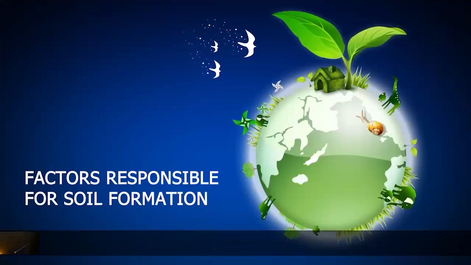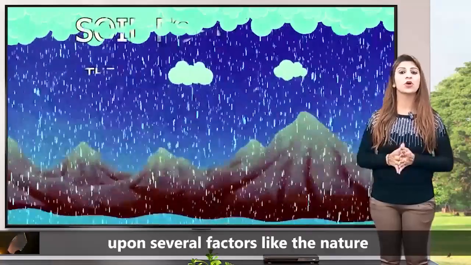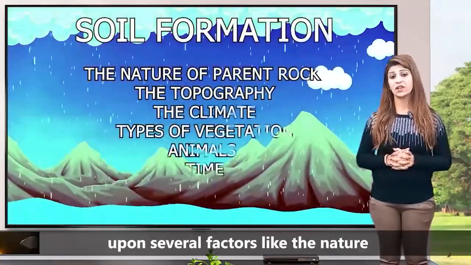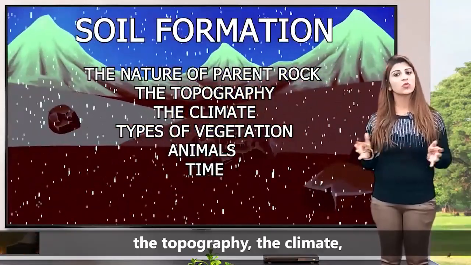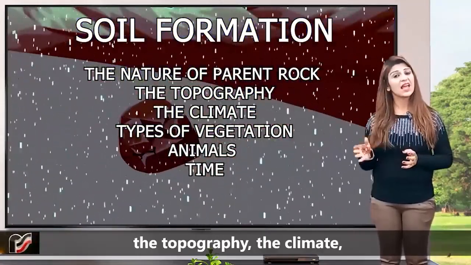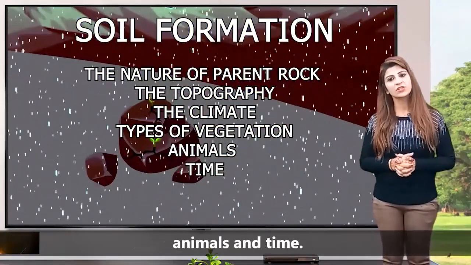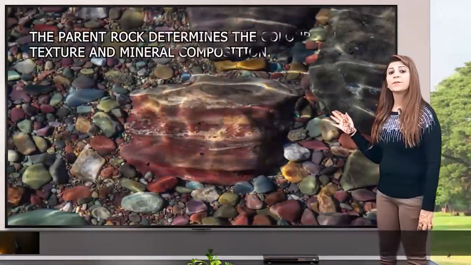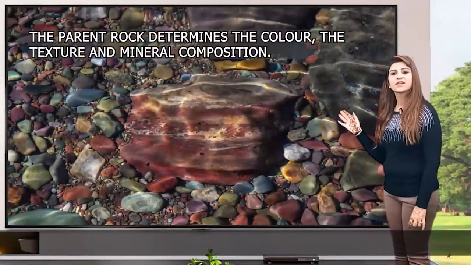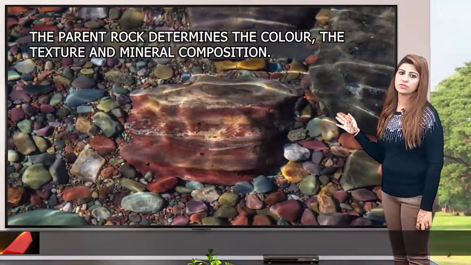Factors responsible for soil formation. Soil formation depends upon several factors like the nature of parent rock, the topography, the climate, types of vegetation, animals, and time. Number one, the parent rock determines the color, the texture, and mineral composition.